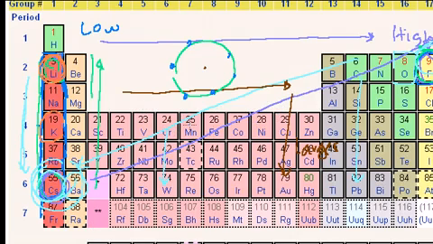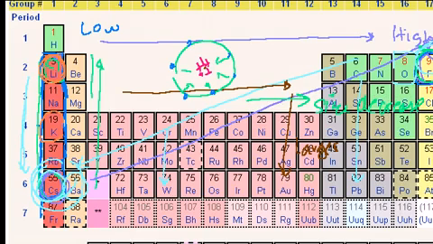And as you go to the right, you have more protons in the nucleus. So this is only getting more and more positively charged. So what happens is that these electrons get pulled inwards. So as you move to the right on the periodic table, size decreases.